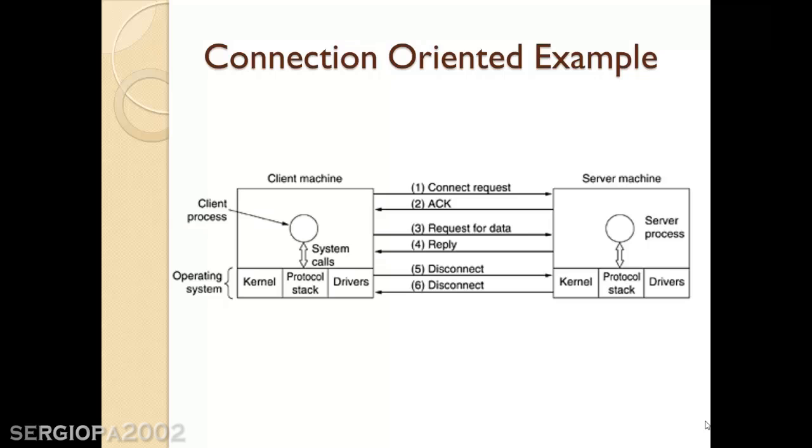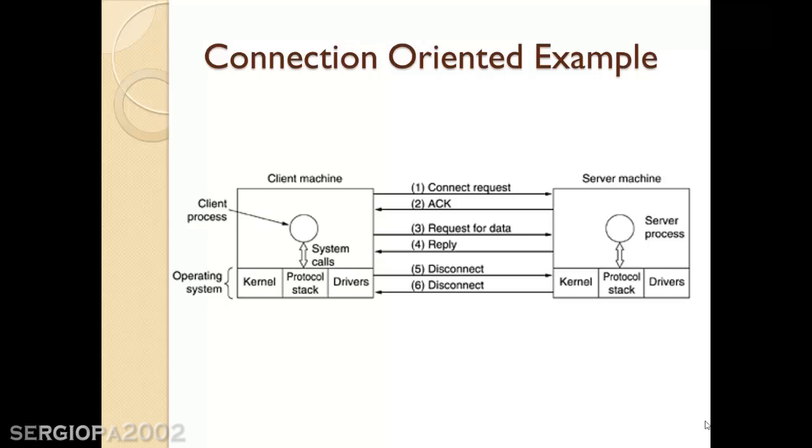The first one, marked with number 1, is the connection request. The client needs some data from the server, and it sends a request. The server replies with an ACK message, which stands for acknowledgement, and then the transmission of the data starts. The client requests the data, and the server replies with the actual data.